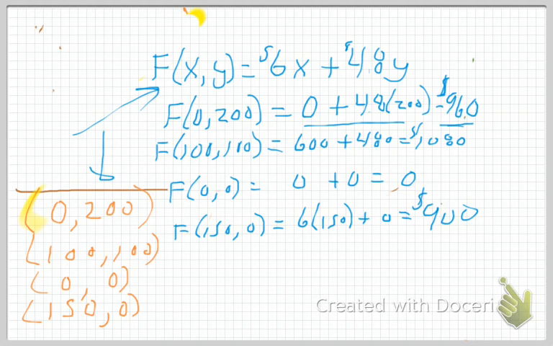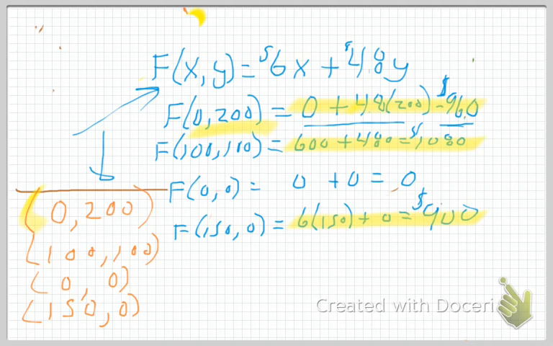Okay, so let me change to my highlighter. All right, if you notice here, if I make 0 large tens and 200 small tens, I make 960. If I make 100 large tens and 100 small tens, I make 1080. And if I make 150 large tens, I make $900.